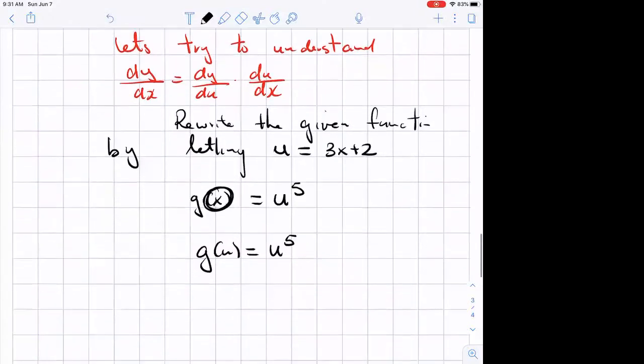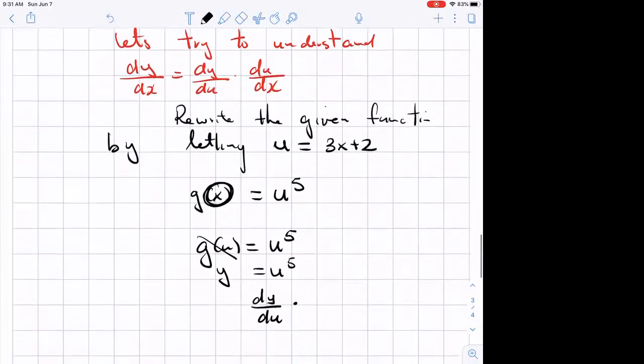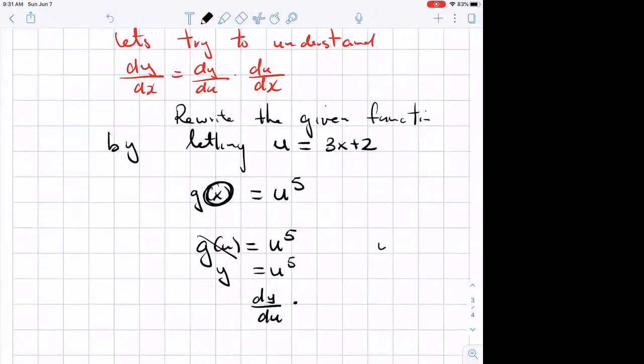So here, what we do now, we're going to take the derivative of y with respect to u. Okay? Because this here is the same as if we write y is equal to u to the fifth. So dy/du times now, okay? But remember, u is equal to 3x plus 2.